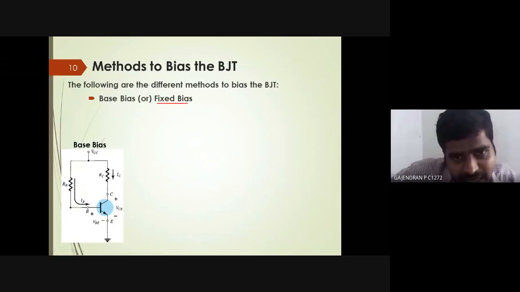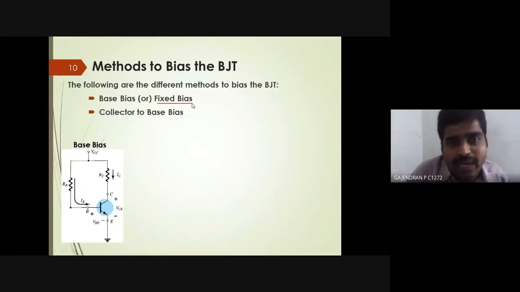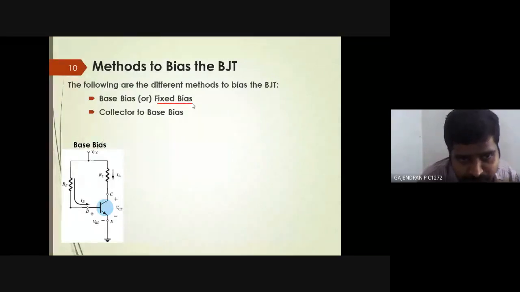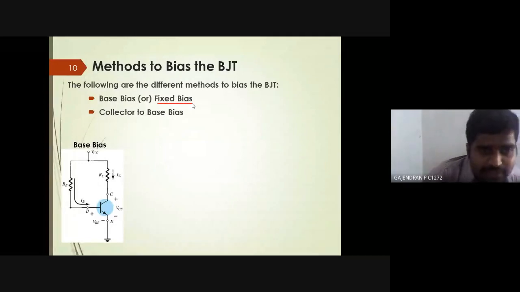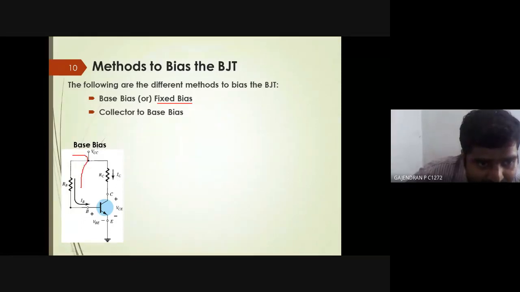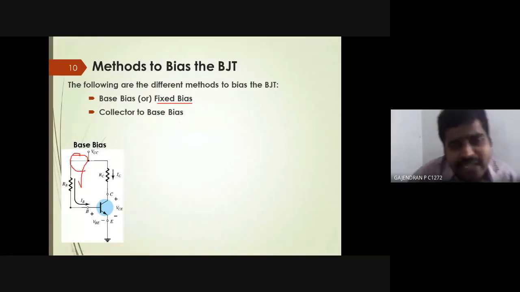The other name for fixed bias we will take up later. The second one is collector to base bias. Any idea? In the same circuit, I need to fetch some input from the collector circuit, then bias. In the particular arm where I am going to remove this terminal, where do I need to keep it for the second biasing?